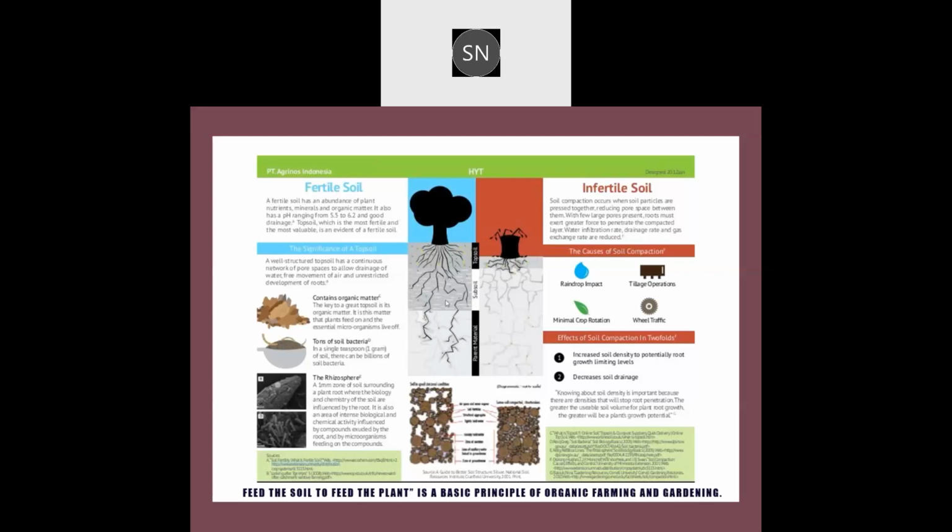The drainage system is very good. Plant roots can go up to the deeper layers. I'm not sure whether they can reach the parent material or not, most probably the C layer. We have A, B, C, and roots can reach up to C if the soil is so fertile. You can see the growth of the plant compared with infertile soil: stunted growth or sometimes wilting, not enough nutrients, stunted growth of the root, as well as very poor drainage.